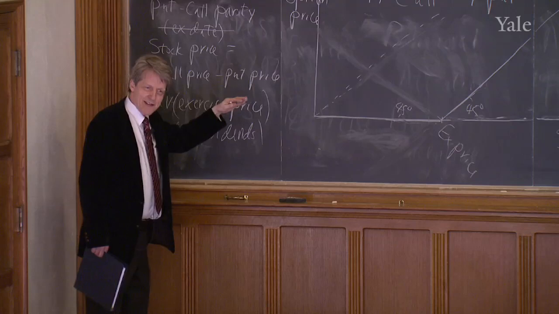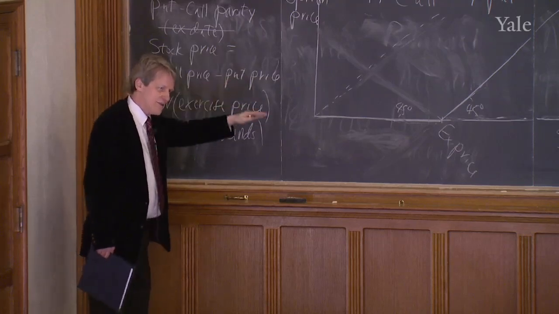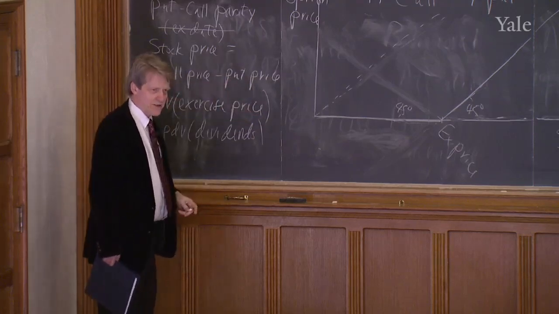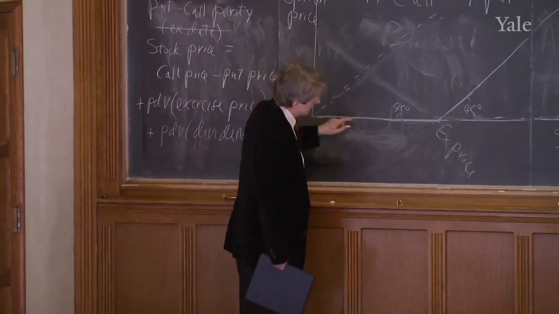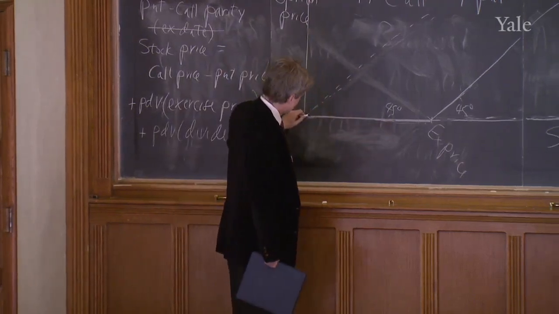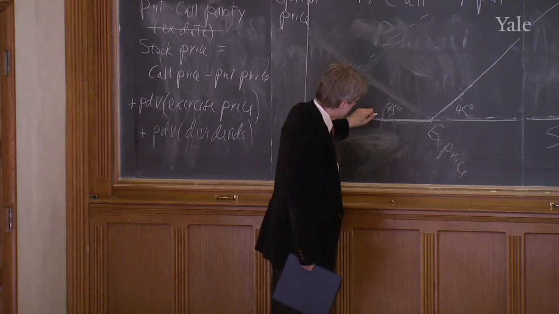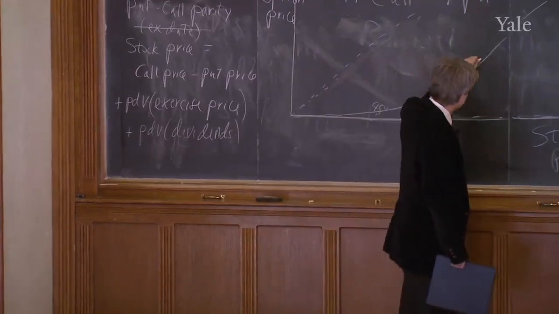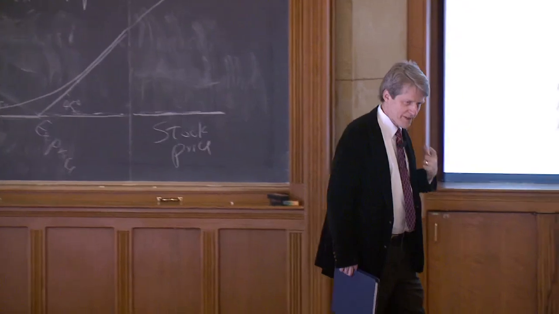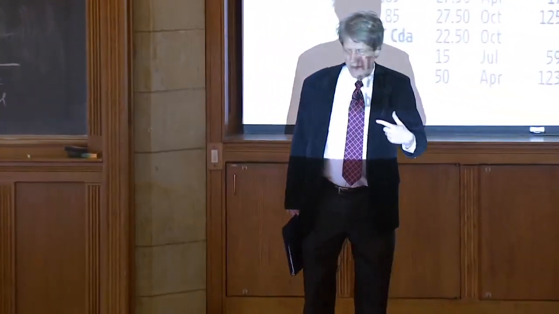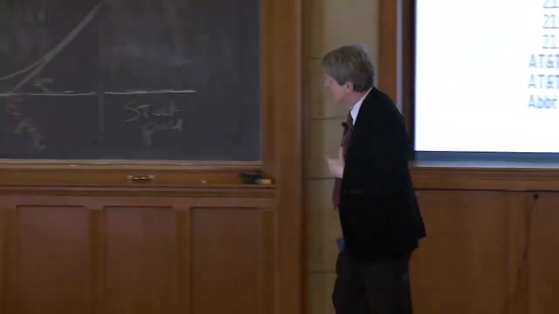And the closer you get to the last day, the closer the option's price will get to that curve. So on some day before the exercise date, the call option price will probably look something like that. Right? It's above the broken straight line because of option value.